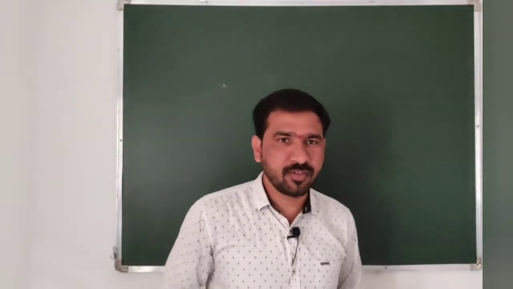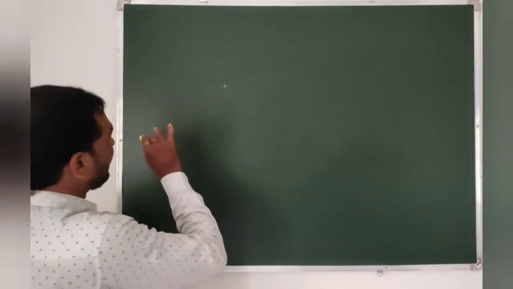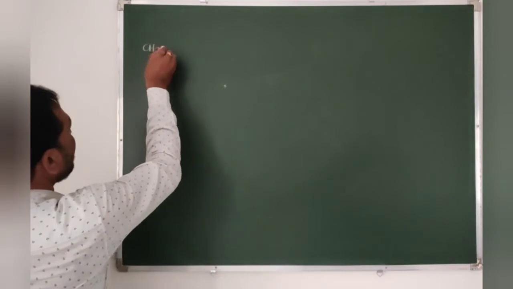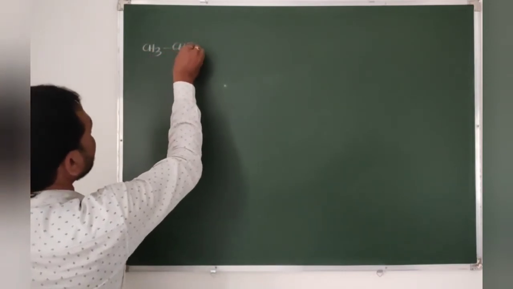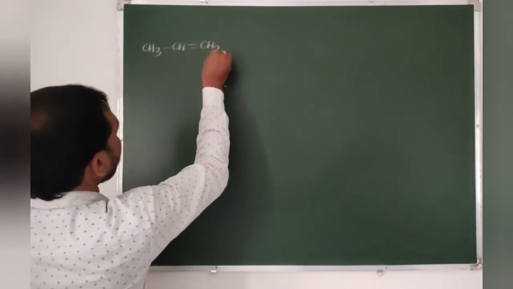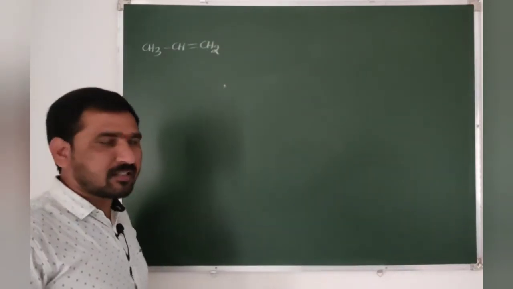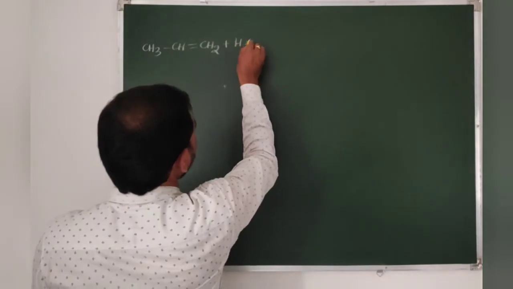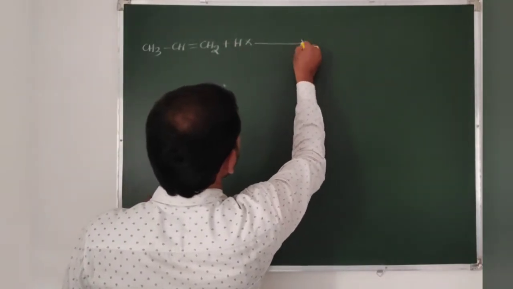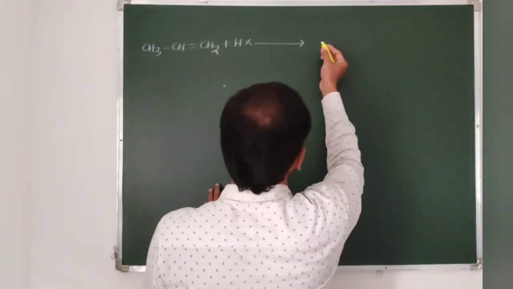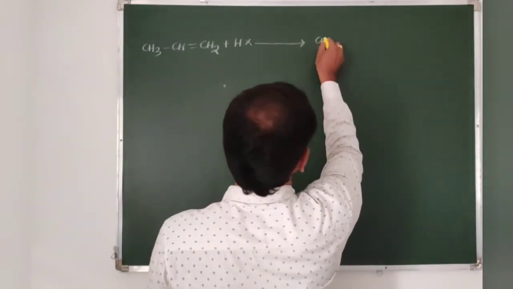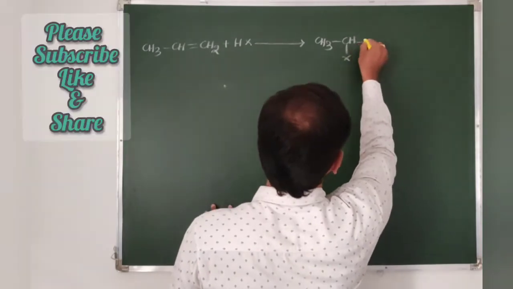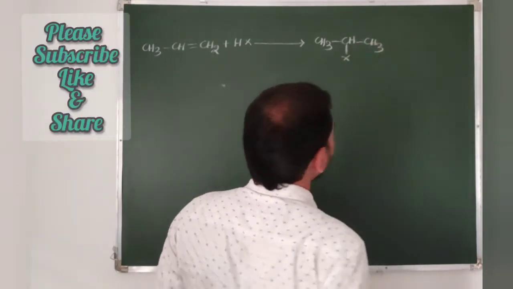Let me take one example for this. Unsymmetrical alkene. So here CH3 single bond, CH double bond, CH2. This is the alkene, unsymmetrical alkene. When treated with hydrogen halide, it results two compounds. First compound is CH3 CHX CH3, right?